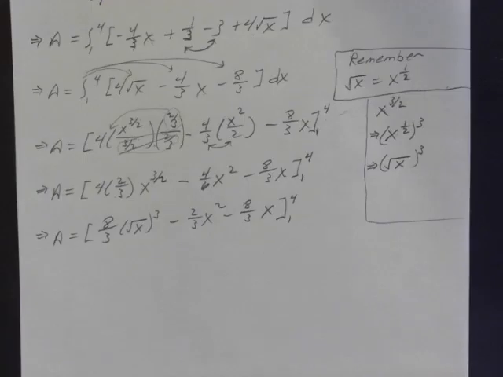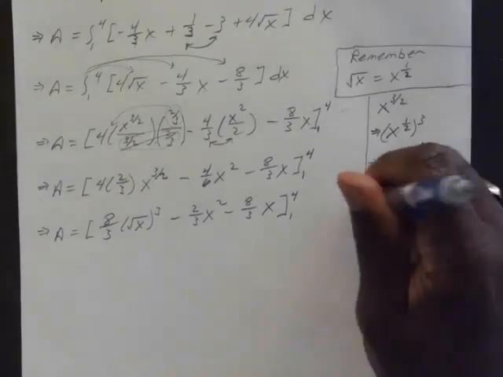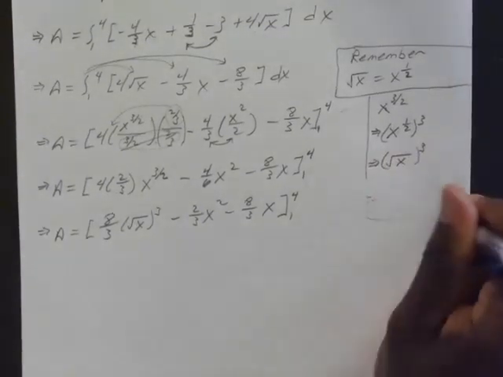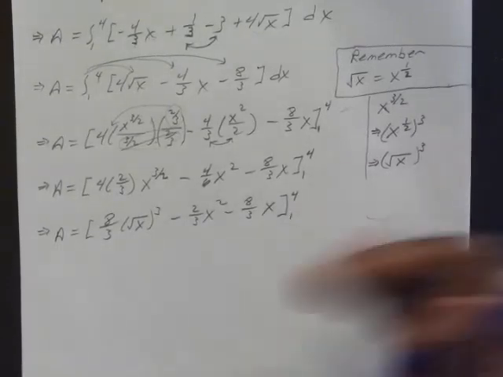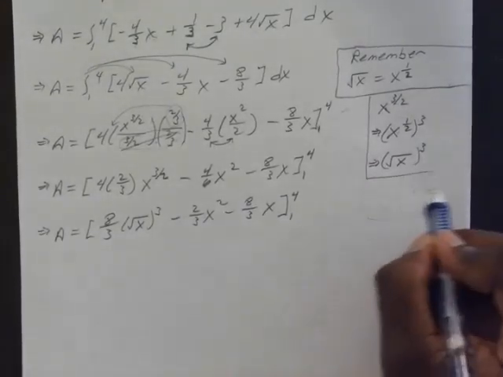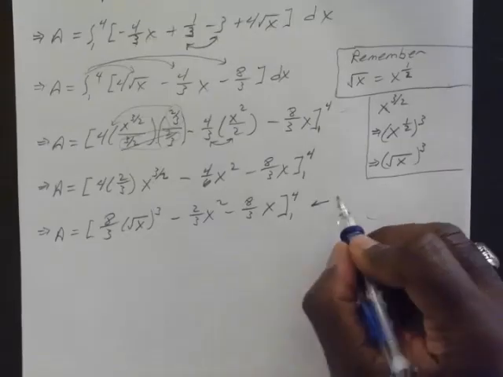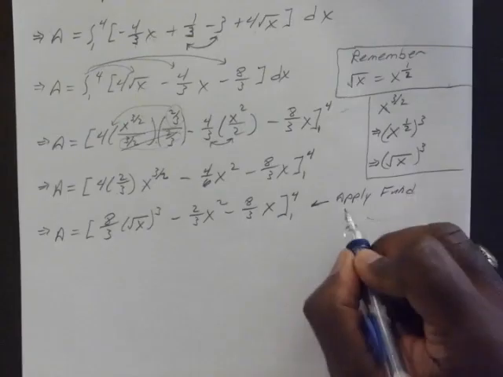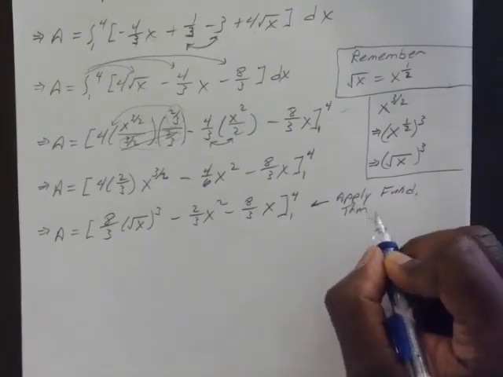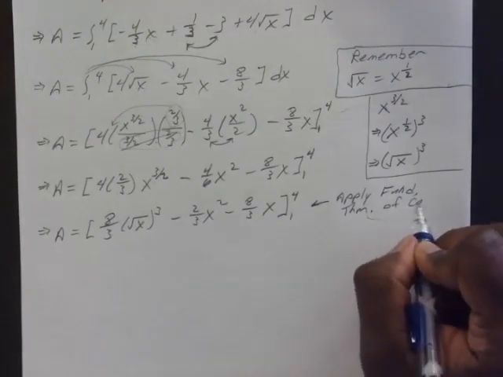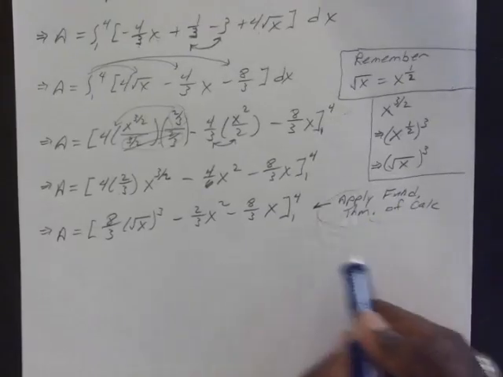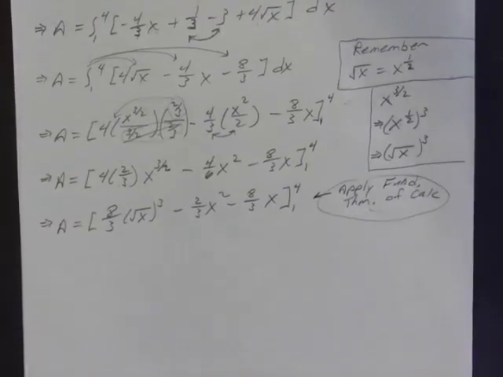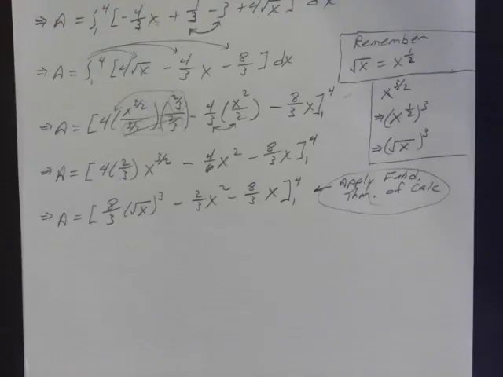Now that we have it nice and simplified, we can go ahead and apply the fundamental theorem. Give that a little bit more room. So we can go ahead and plug in our upper bound.